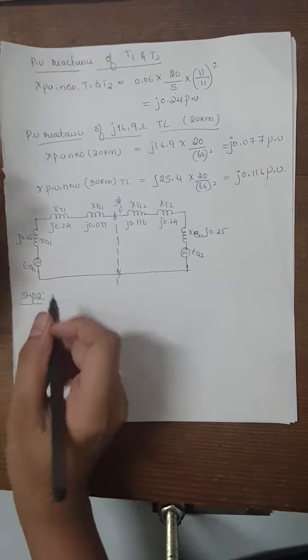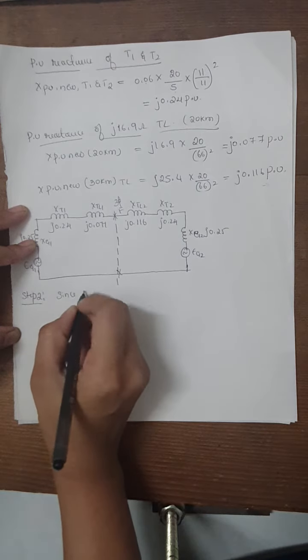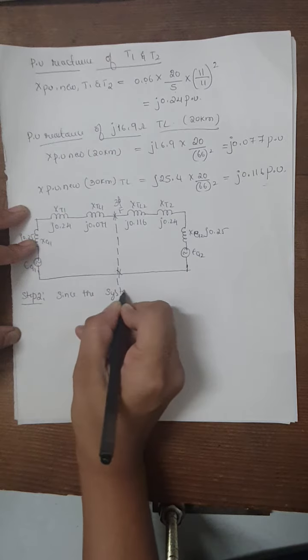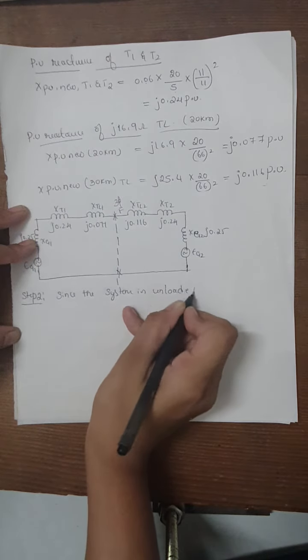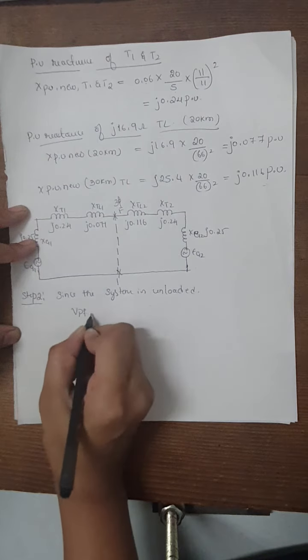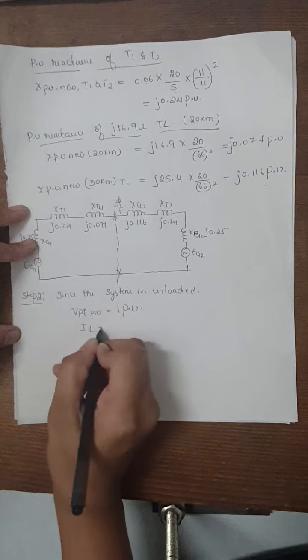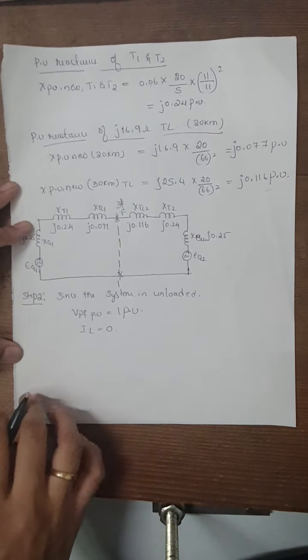So same thing we'll do in the step 2 also. Since the system is unloaded, VPF in per unit will be equal to 1 per unit and IL value will be equal to 0. So this completes step 2.